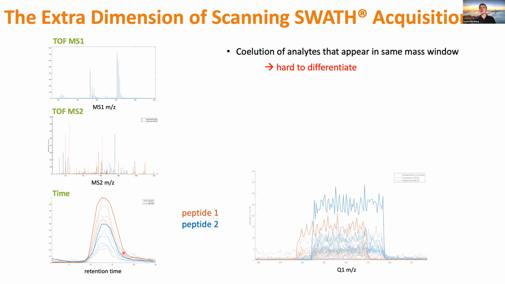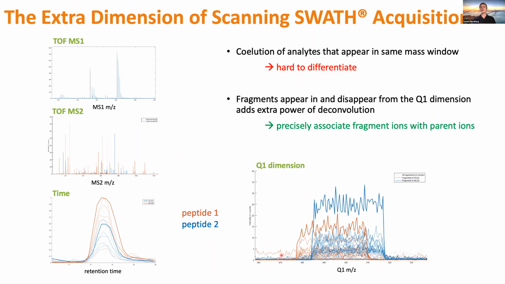But since we add the quadrupole dimension in that case, we clearly see that they separate here, and we can assign that in the scoring model in order to better understand what fragments belong to which type of precursors, and also the intensity distribution. If we have the same fragment, we would be able to assign that to a particular peptide.